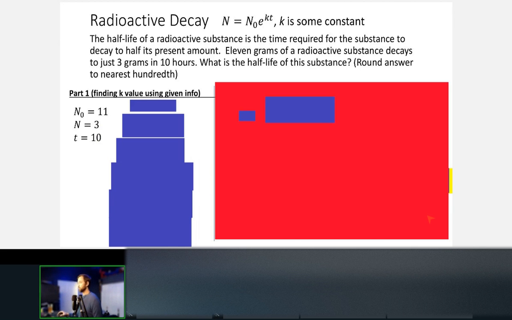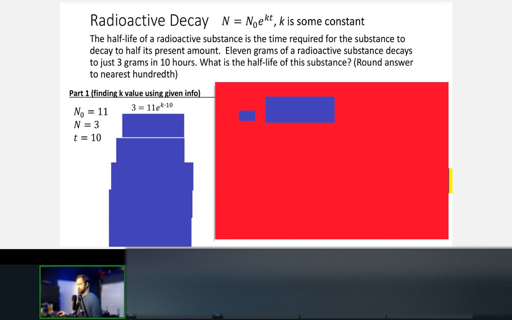Again, these problems look harder than they really are, I promise you. All right, so we just plug them in. Let's plug this stuff into our formula up here to set it up. So far so good? All right, now let's solve for k.